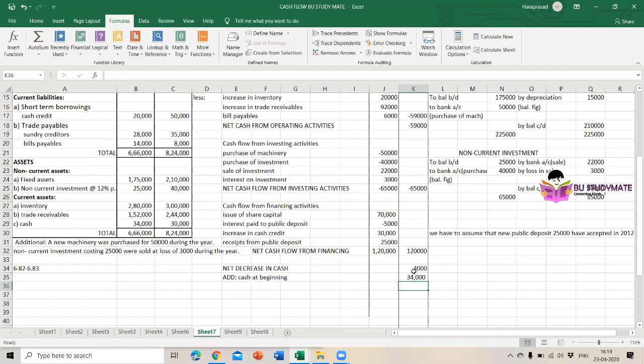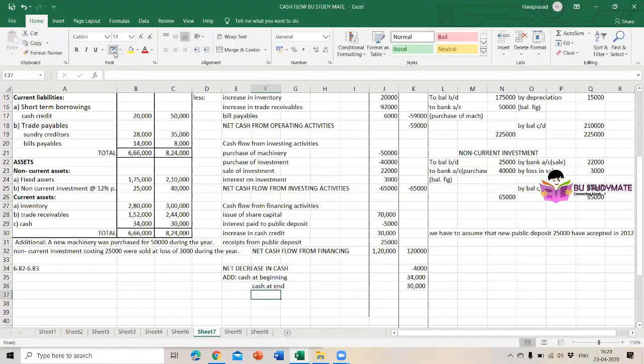Then 34,000 minus 4,000 is 30,000. Cash at end. Those who have doubt, please ask me.